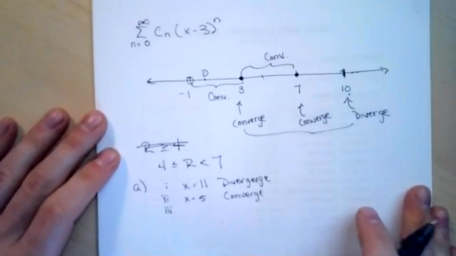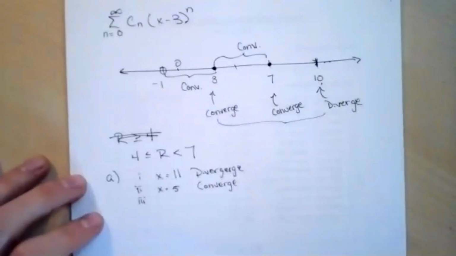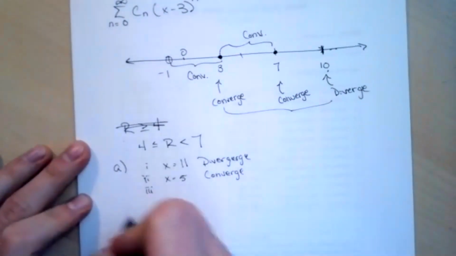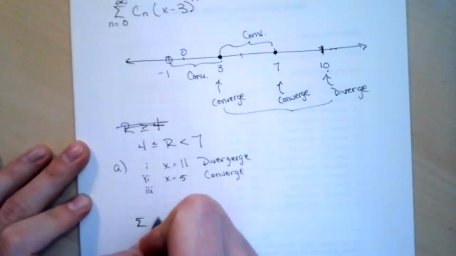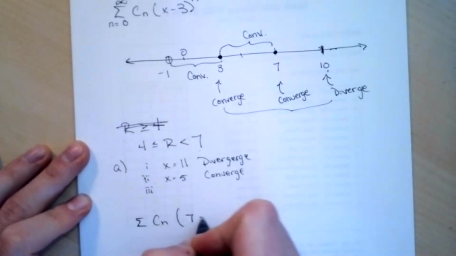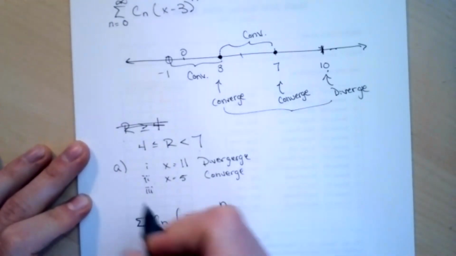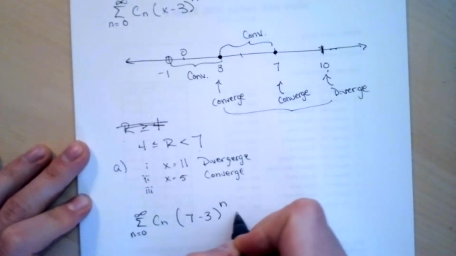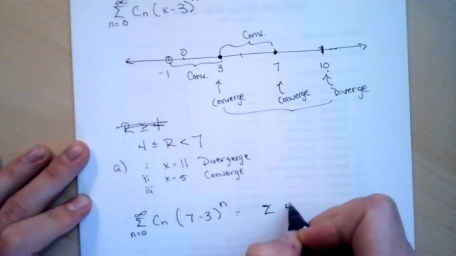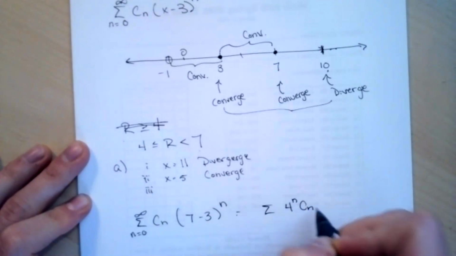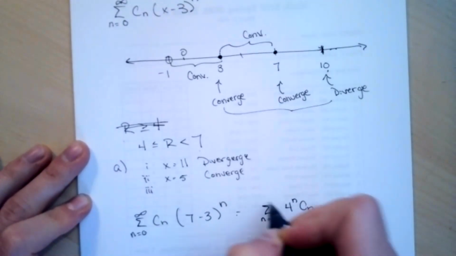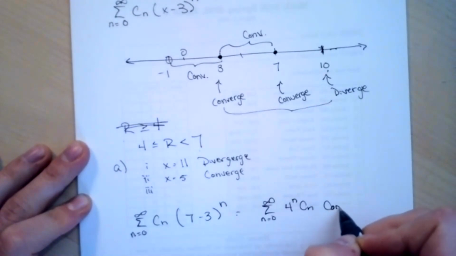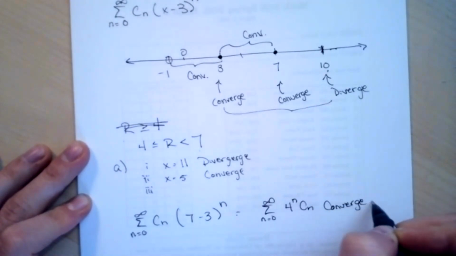So if you want to get into the technicals a little bit, I know we converge at 7. So that's Cn times (7 minus 3) to the n converges, meaning this sequence converges.